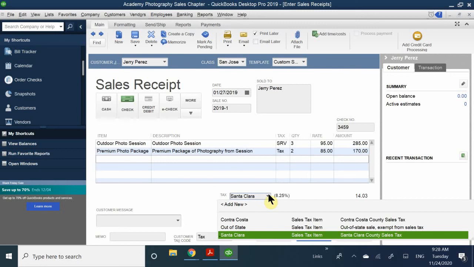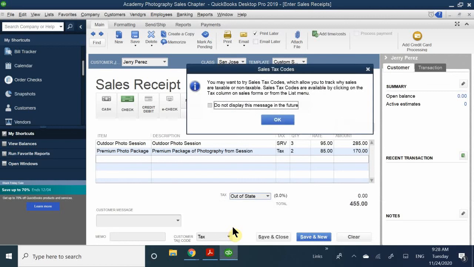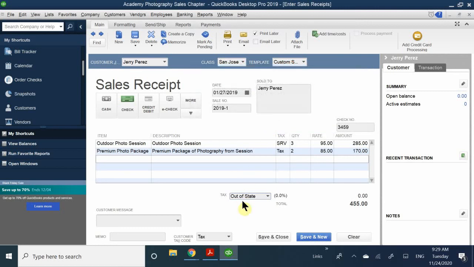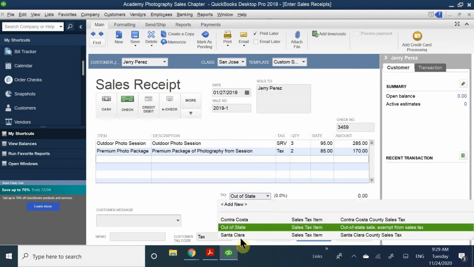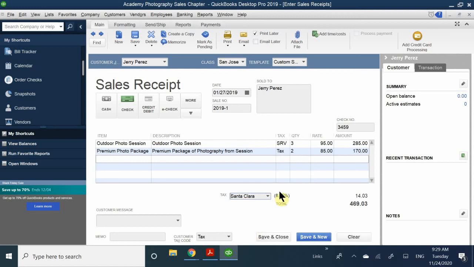If they belong out of state, you need to charge them for whatever state they belong into. So as you can see, there is an out of state and it's 0. That's actually inaccurate. It has to be for whatever state that they belong to. Okay, so I'm going to change it back to Santa Clara. So there you go. So now his invoice went up, right?